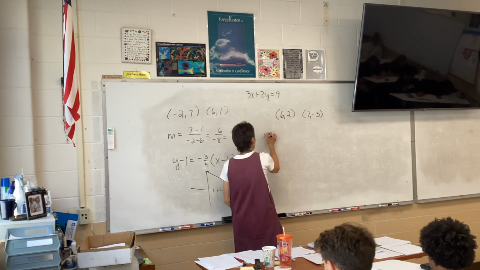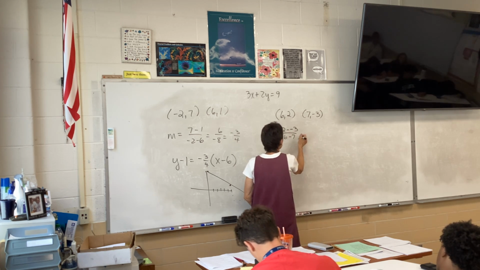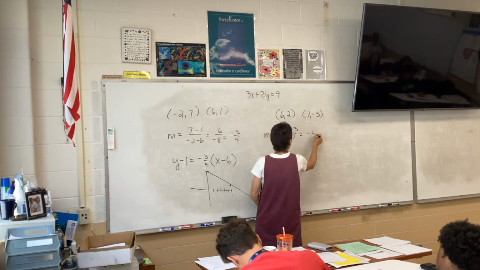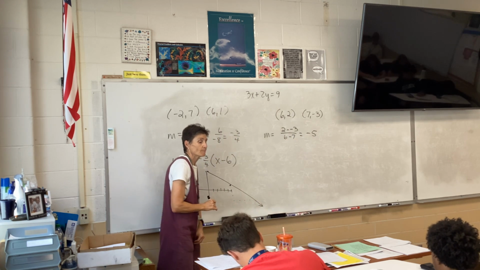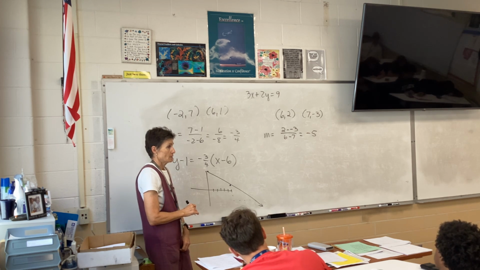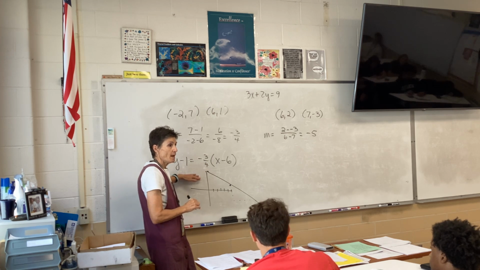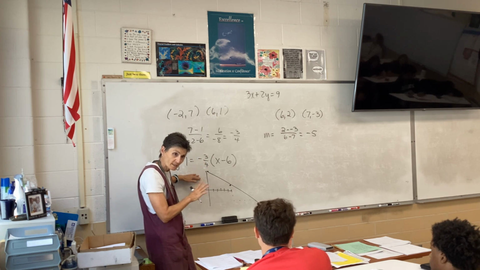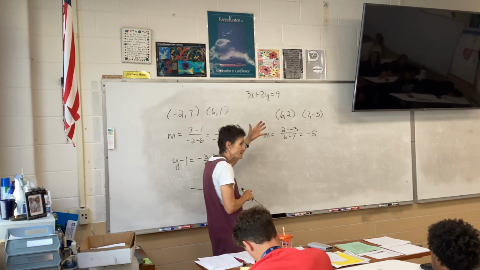So slope is 2 minus -3 over 6 minus 7. Oh, that's nice. Did you get -5? No fraction. That's good news. Now, can we do this and then just rearrange things so that it looks like that? So we don't have to learn anything new.